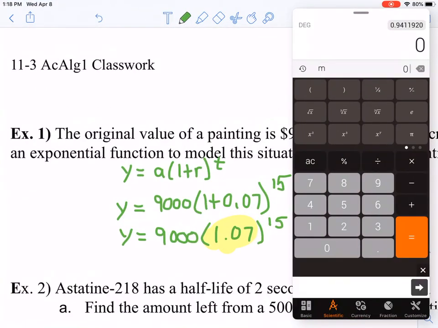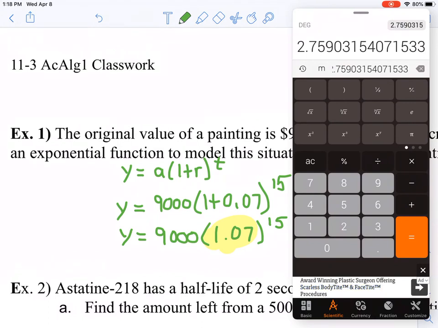There we go. So I'm going to take 1.07 and raise that to the 15th power. And let's call that 2.76. So y equals 9,000 times 2.76.